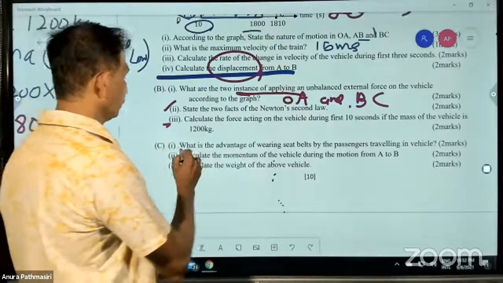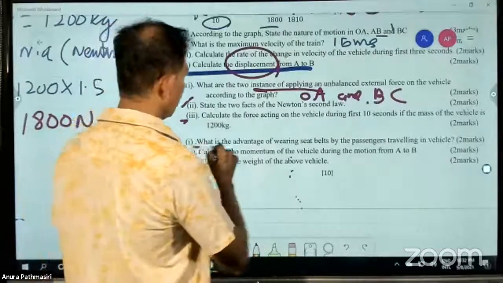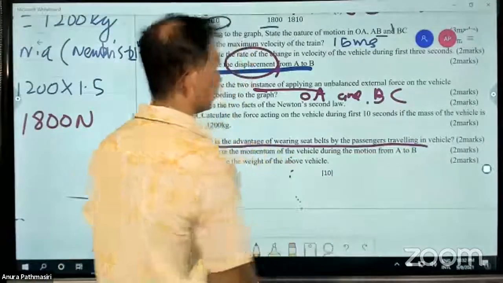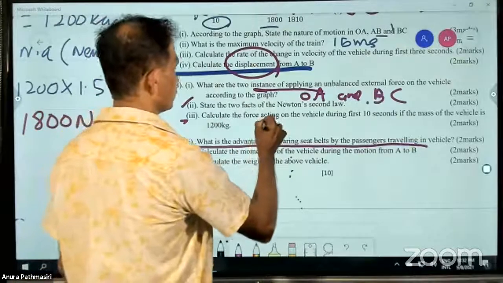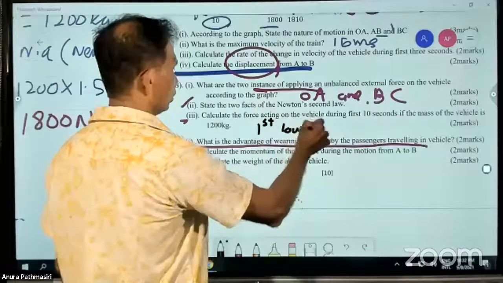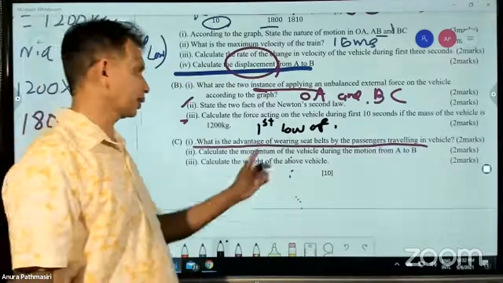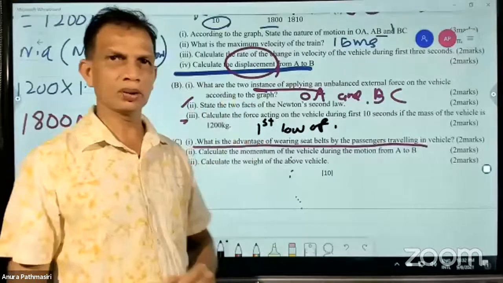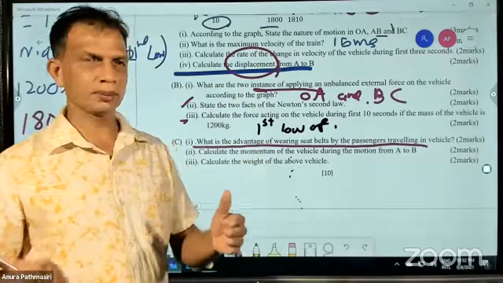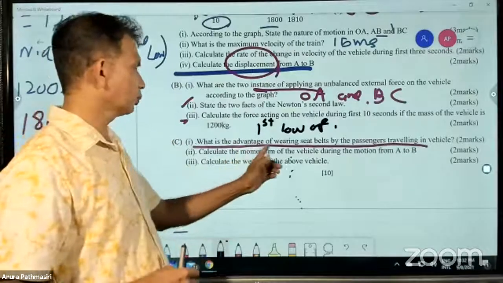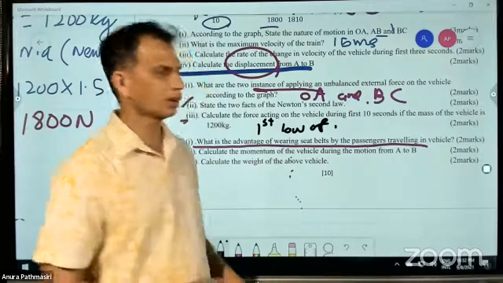Whichever way you coin your words for this answer, we expect a reference to Newton's first law of motion. That is the expected part in your explanation.